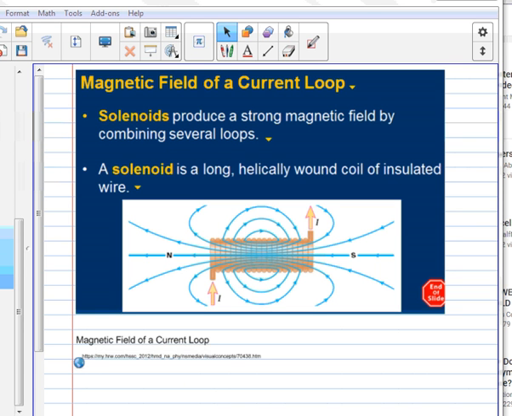If I put a ferromagnetic material in it, or a core, it strengthens the magnetic field. What it does is it concentrates those field lines, so it makes it stronger. Now the only issue here is that this nail is already magnetized. You can see how it's attracting just a little bit.